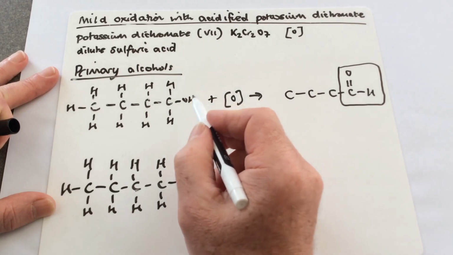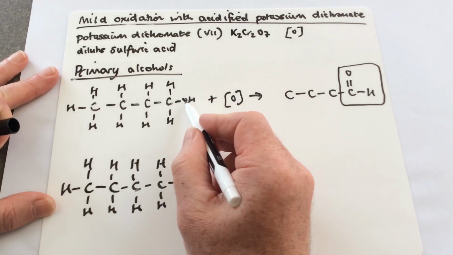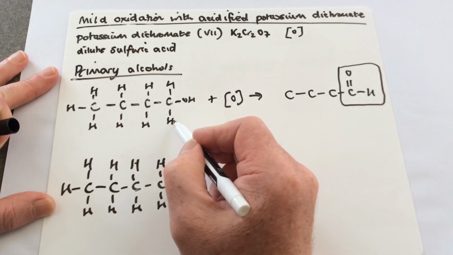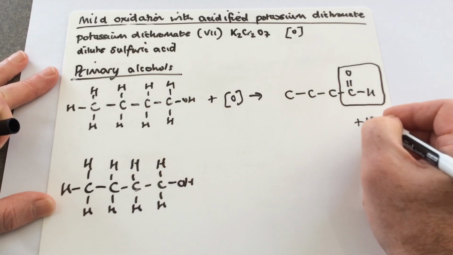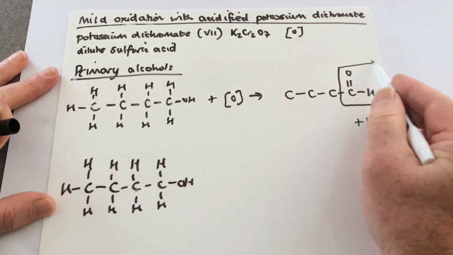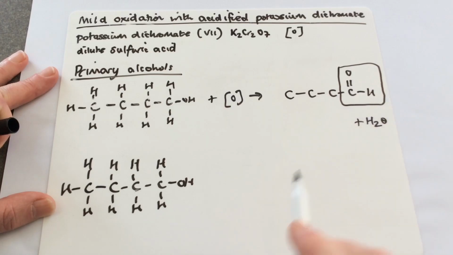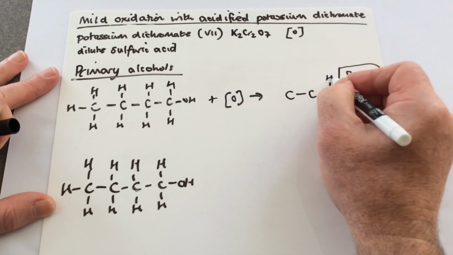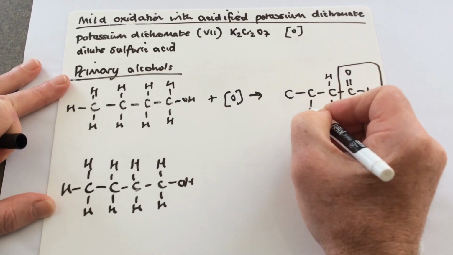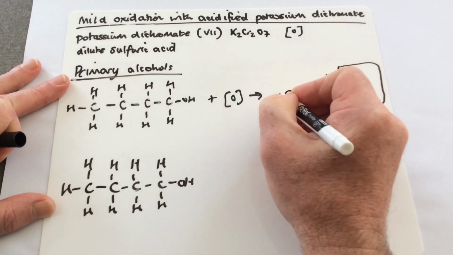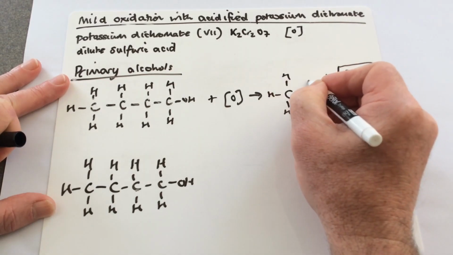The oxygen atom has removed a hydrogen from the oxygen and a hydrogen from the adjacent carbon atom to make water, leaving behind this aldehyde functional group. The rest of the molecule remains unchanged, and the equation balances.